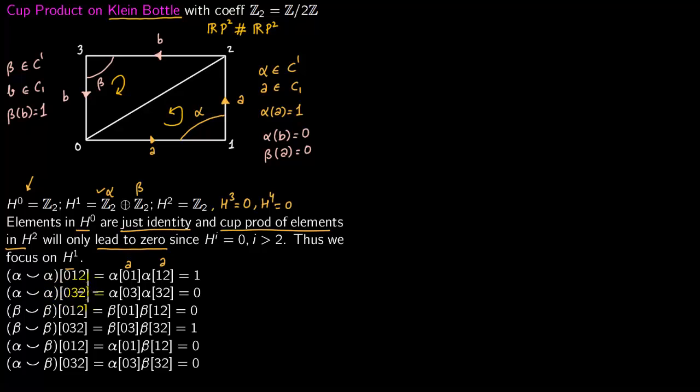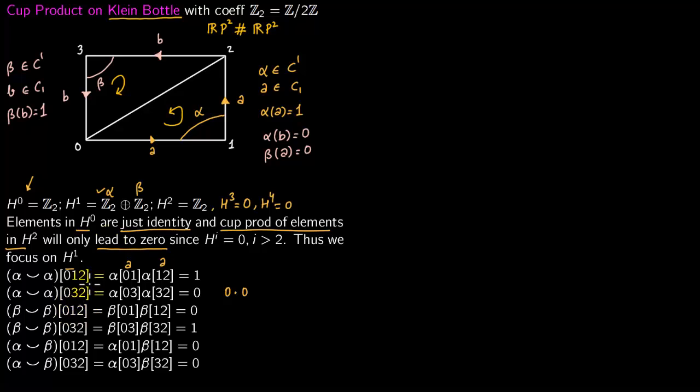Now alpha cup alpha on 0, 3, 2: alpha acting on 0, 3, which is B, is 0, and alpha acting on 3, 2, which is again B, is also 0. So you just get 0.